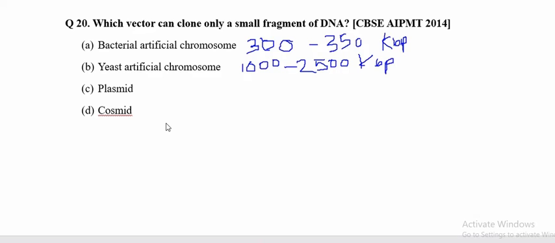Then option C, plasmid, has a size of about 10 kilo base pair. Then cosmid is a vector with a size of about 45 kilo base pair. From all these sizes, the smallest is the plasmid, with only 10 kilo base pair. So the smallest vector can clone only a small fragment of DNA. Option C is the correct answer here.